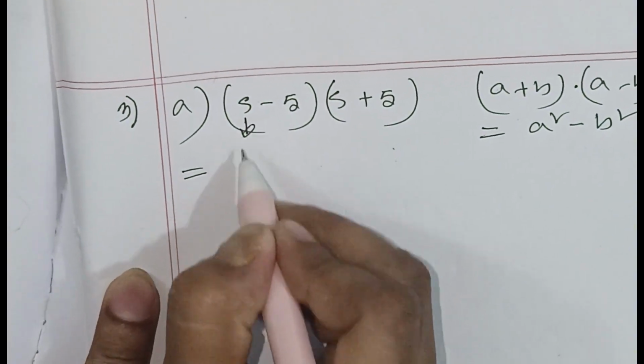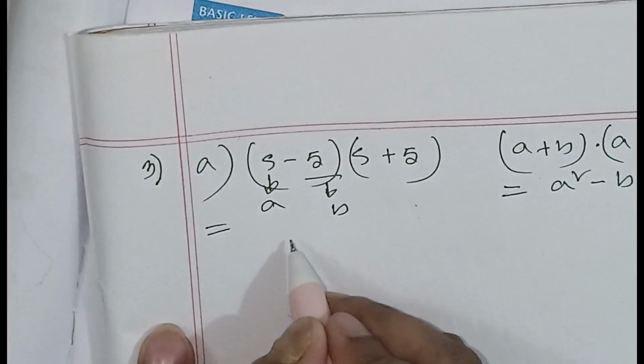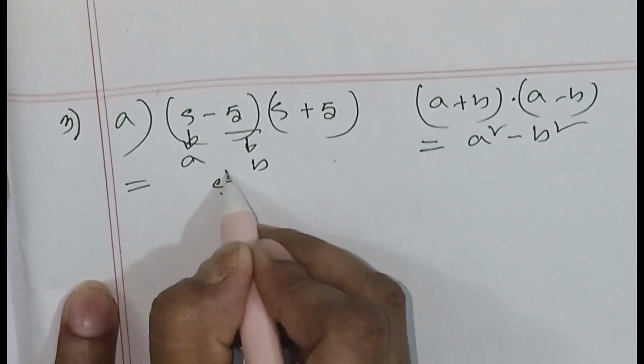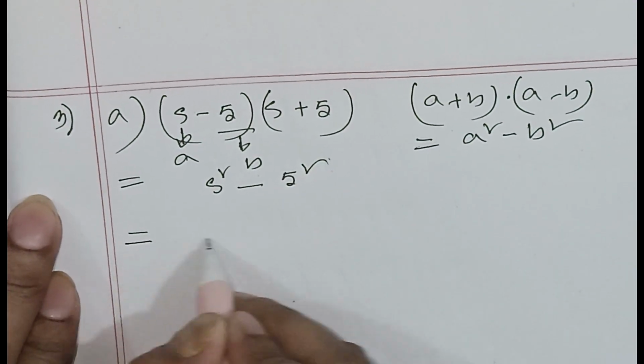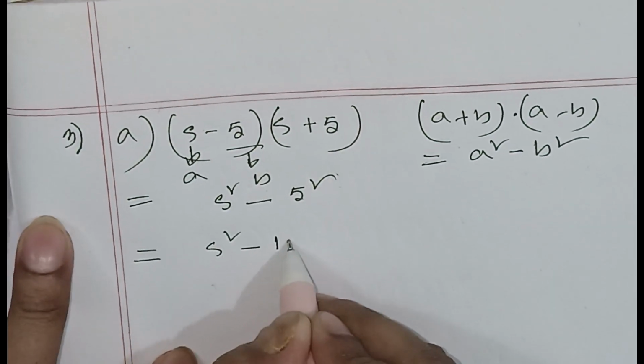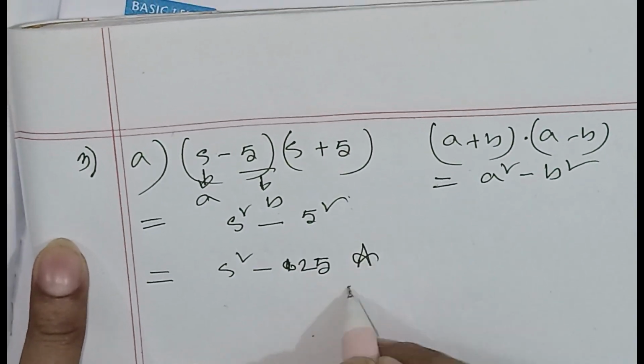Here S means A and 5 means B. So A means S, S squared minus B squared, B means 5 whole squared. So S squared minus 5 whole squared means 25. Sorry, 5 whole squared means 25. This is the answer.